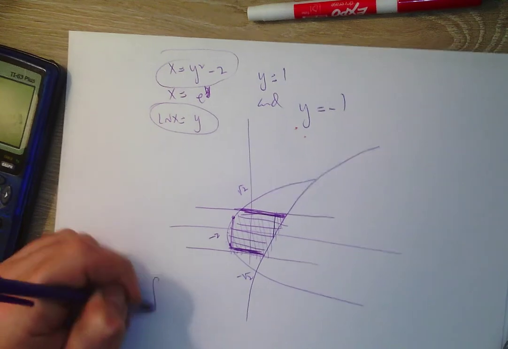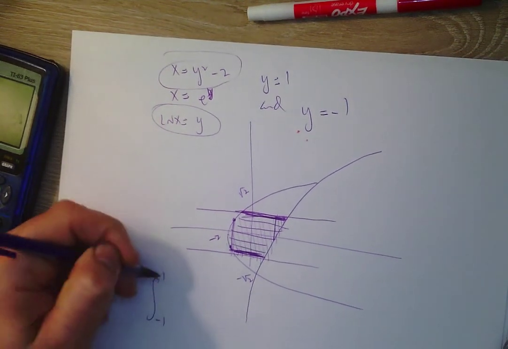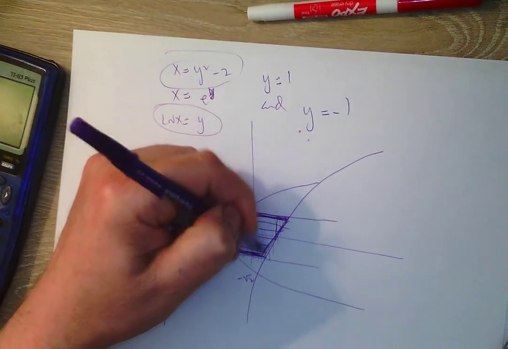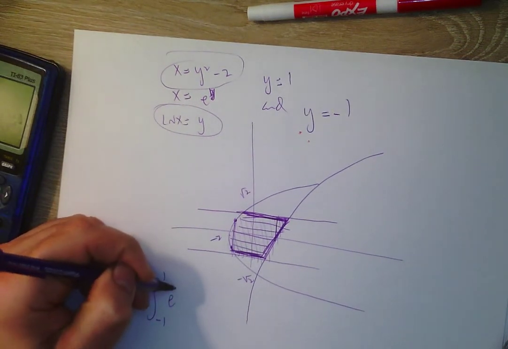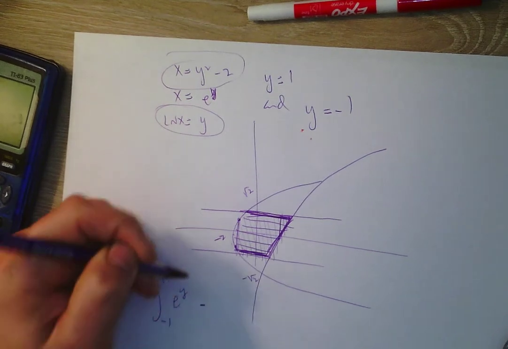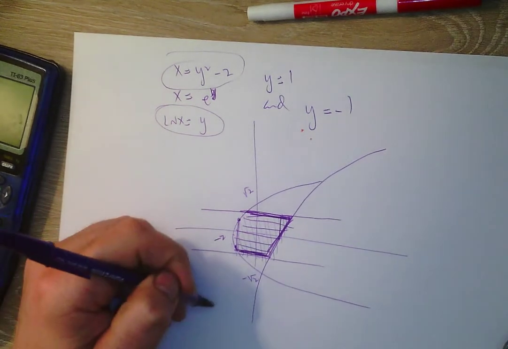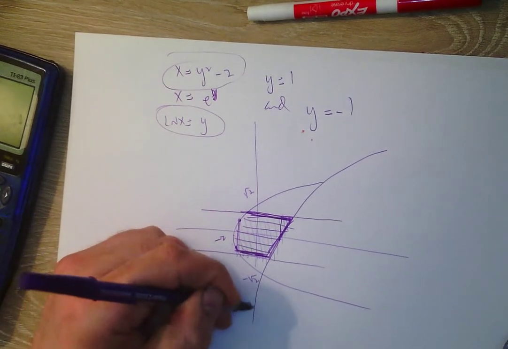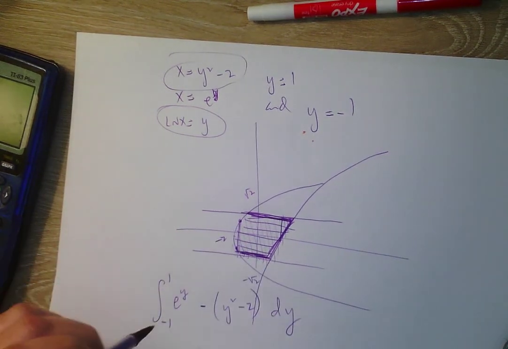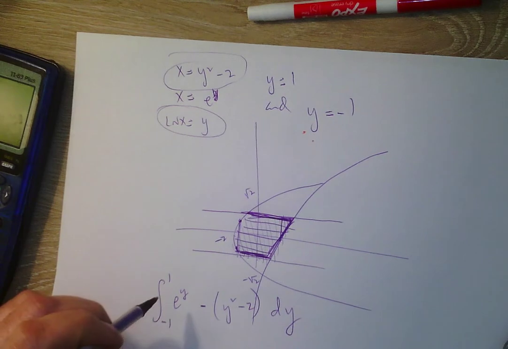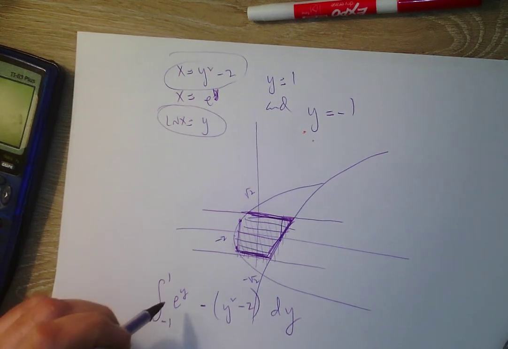So I'm going to have the integral from negative 1 to 1 of the right curve, x equals e to the y, minus the left curve, x equals y squared minus 2 dy. Look, one, we should be able to do this without a calculator.